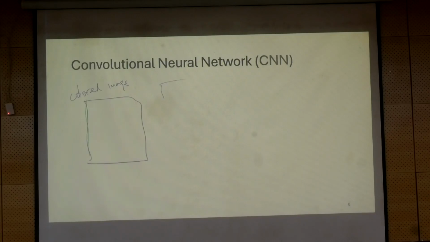One is a red channel image, one is a green channel image, one is a blue channel image, right? So basically this is the same size. I have just drawn it as a smaller box. So we have 3 channel inputs. Each one will have pixels.